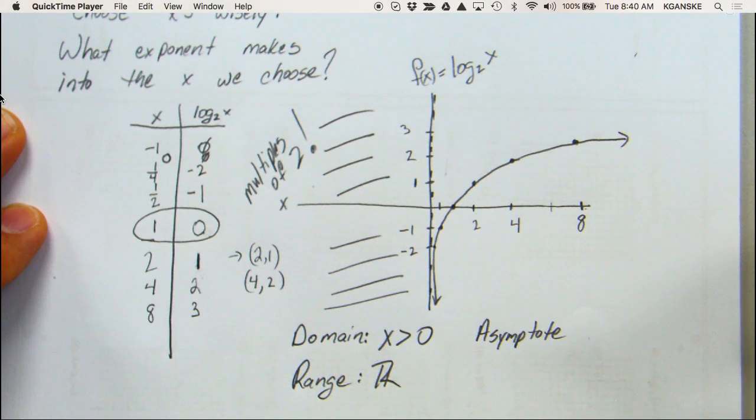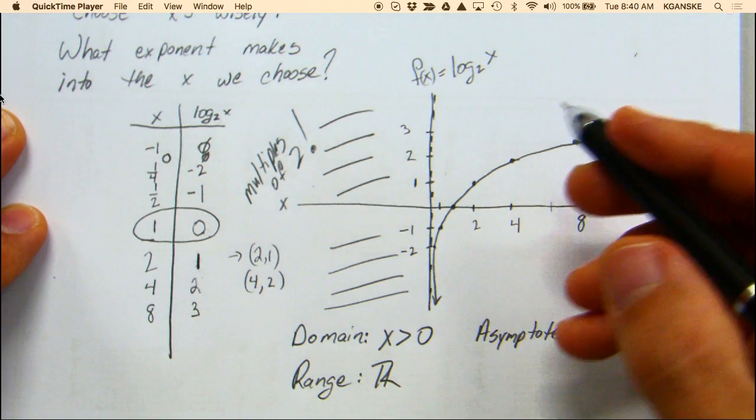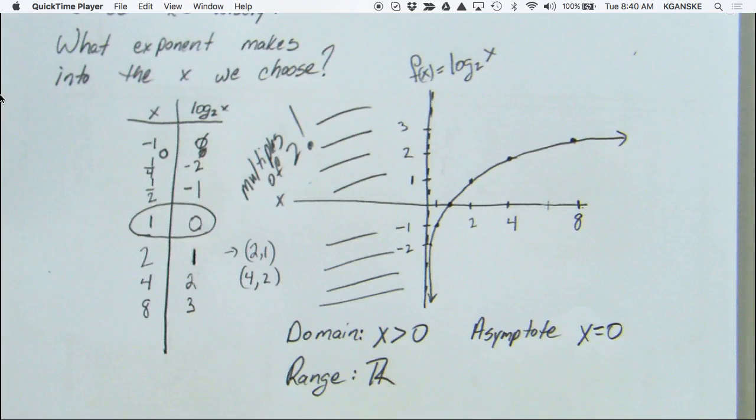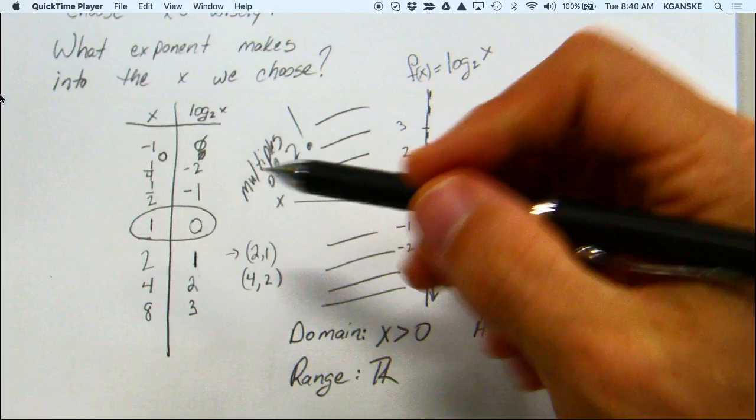What's the equation? Y equals 0, x equals 0. X equals 0, right? Okay? So I don't know. There it is. There's your logarithm, right? So that's the idea when you graph it.